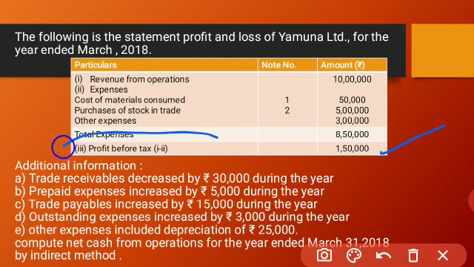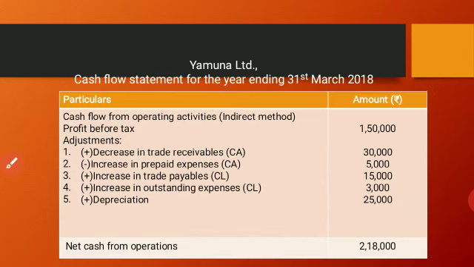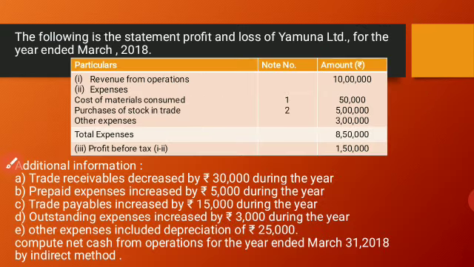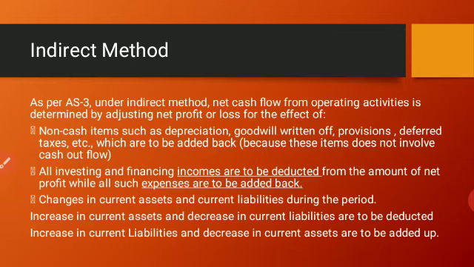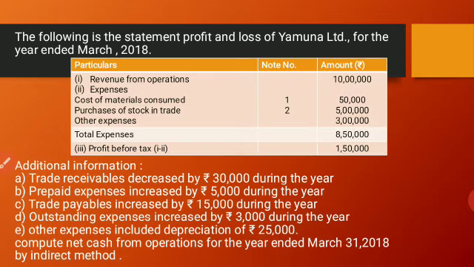At that particular year end, we have 1,50,000 as profit, which is nothing but profit before tax. Now, the next step will be the adjustments. From the statement of profit and loss, we need only the profit, so we have specified the net profit, profit before tax, as 1,50,000.